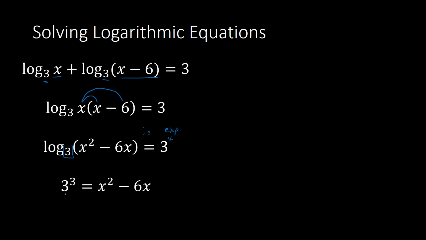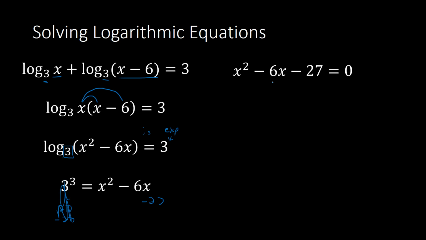And 3 cubed is going to be 27. And I want to get this quadratic equation equal to 0. So I want to subtract 27 from both sides to get this to cancel. So when I do that, I now have x squared minus 6x minus 27 equals 0.